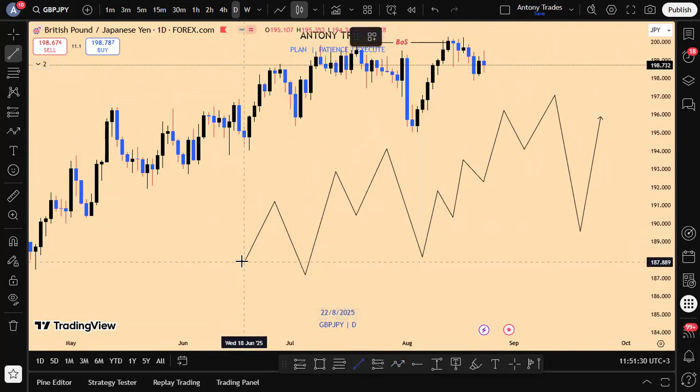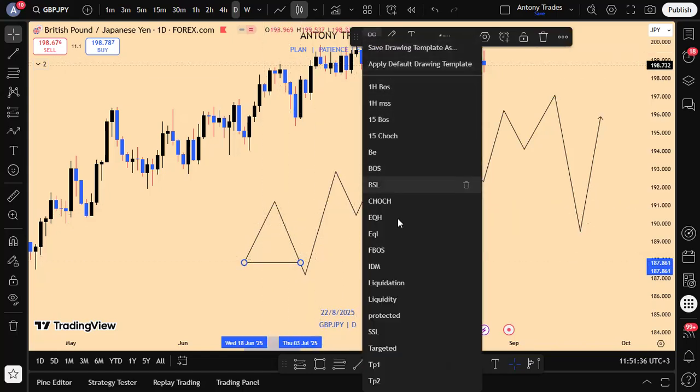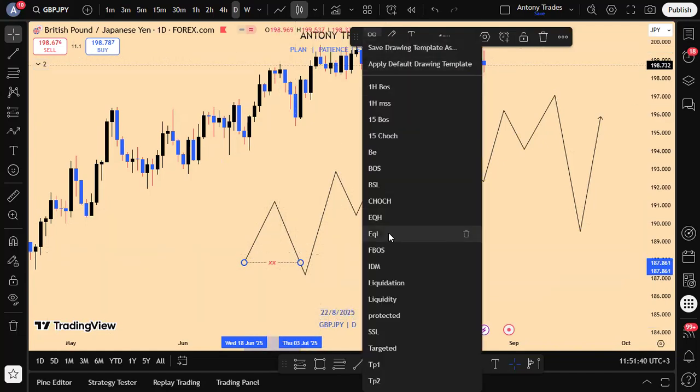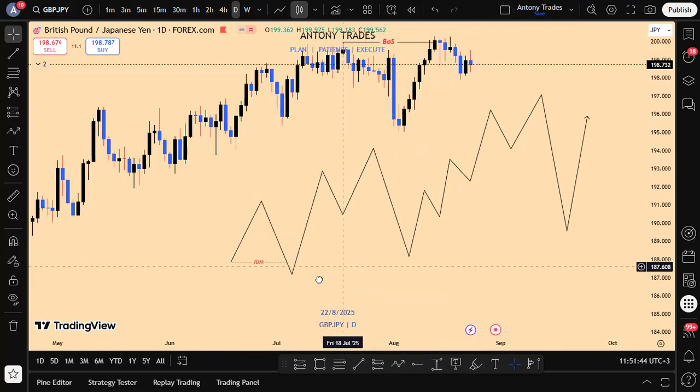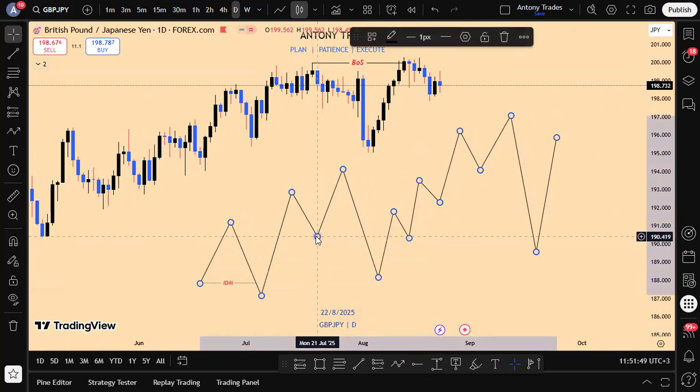So now for me, this is how I identify a valid break of structure. First of all, I want to see an inducement, or in other words, I want to see a sweep of liquidity like this. Maybe that was our liquidity, or maybe I can call it an inducement. Basically, for those who don't know what an inducement means, an inducement simply means a trap or stop losses.